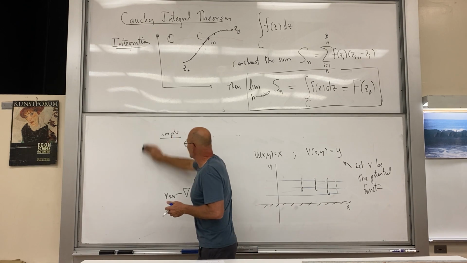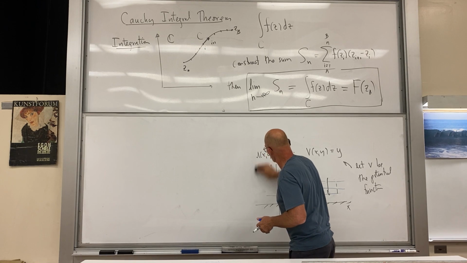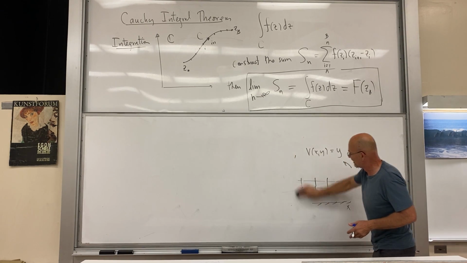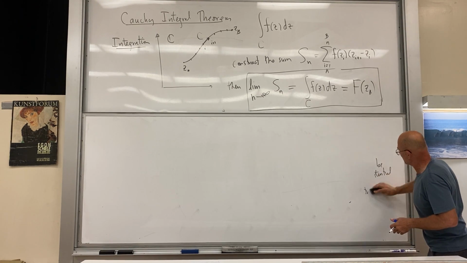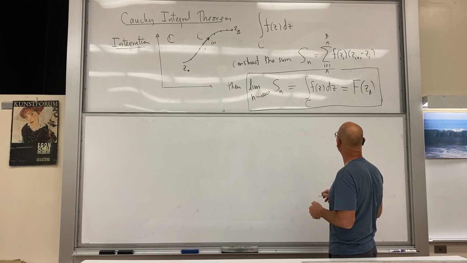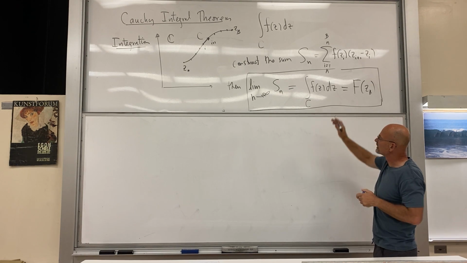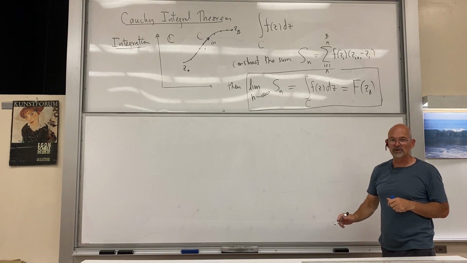So let me just write that down as an example. Evaluated at that point. Okay, I'm just going to leave that there. That's a very clear definition of how an integral comes together.